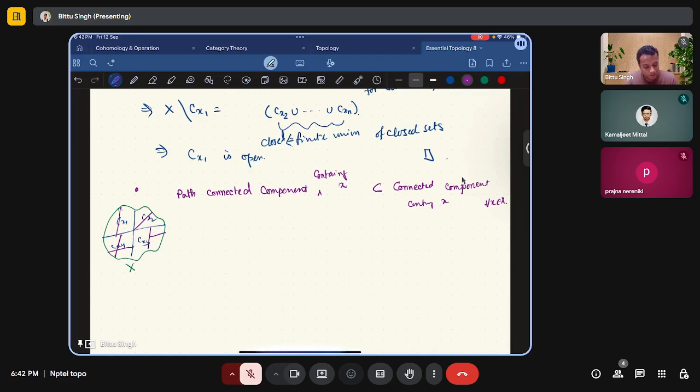So another observation is that the number of path connected components is always greater than or equal to the number of connected components. Up to this, is everything clear?